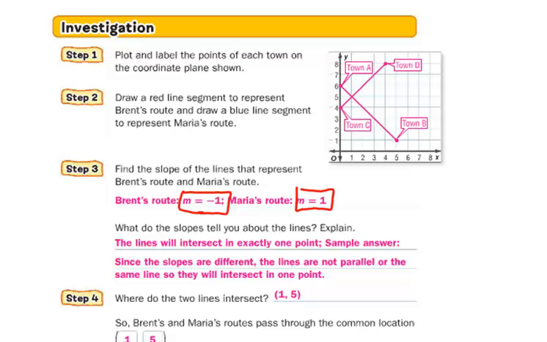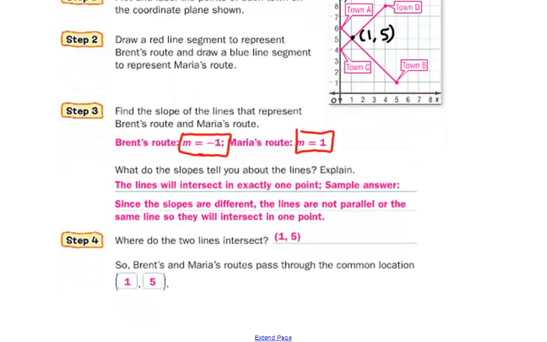They did indeed intersect at the point over 1, up 5. If we read down the page, we see that the lines do intersect at (1, 5).